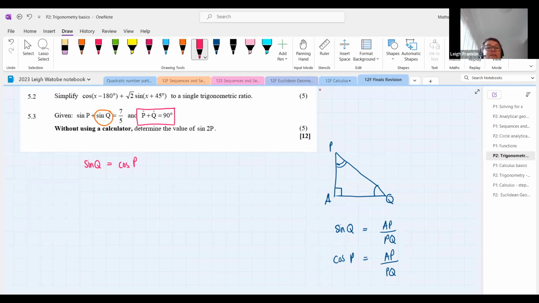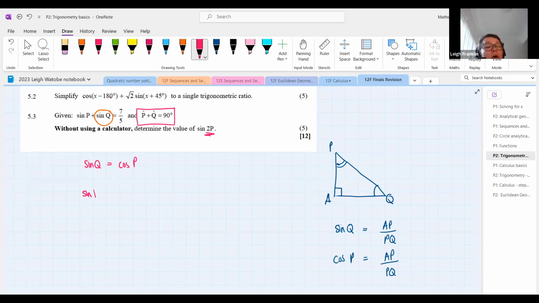So that means if P plus Q is 90, it means the sine of Q is the same as the cos of P. Now, we want to work in terms of P because our answer is in terms of P. So we're going to keep the sine P, but we want to change the sine Q. So now we're going to rewrite our equation.